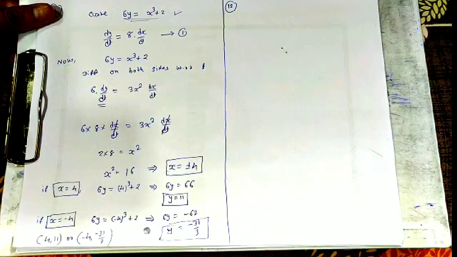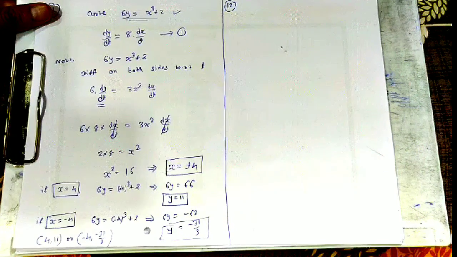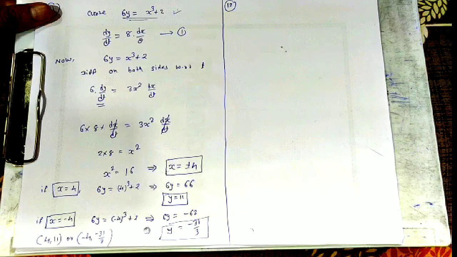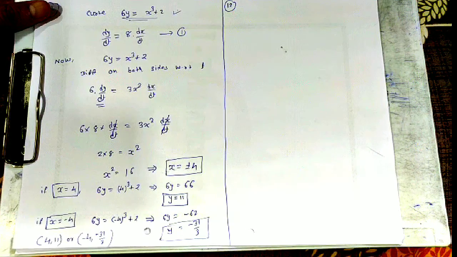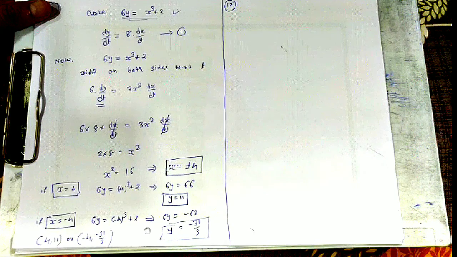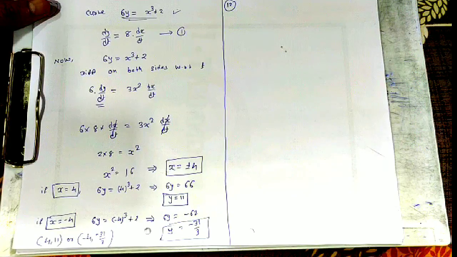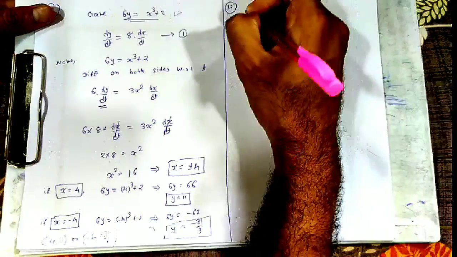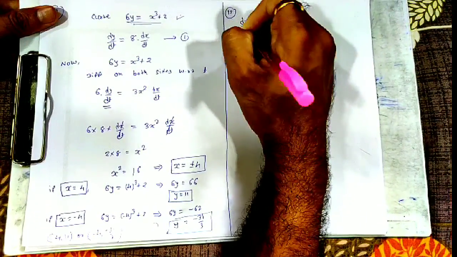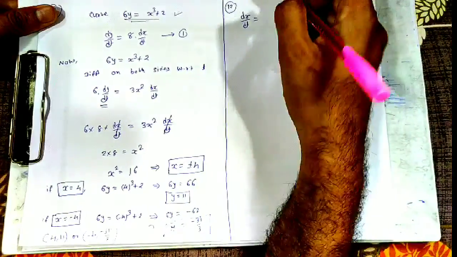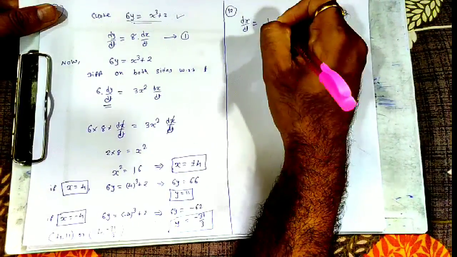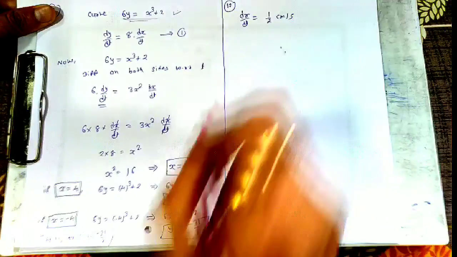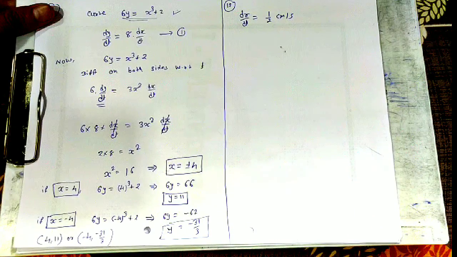Sum number 12. Again, one balloon is given. The radius of an air bubble is increasing at the rate of 1 by 2 centimeter per second. So the rate of change of radius, dr by dt, is 1 by 2 centimeter per second.